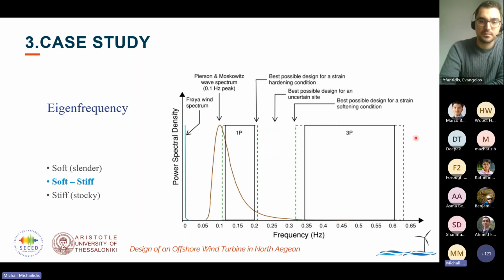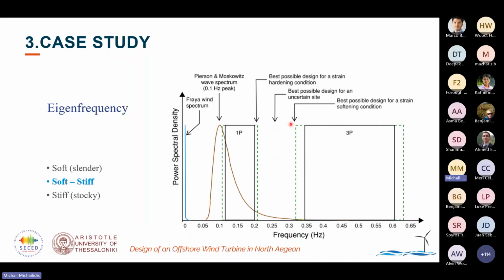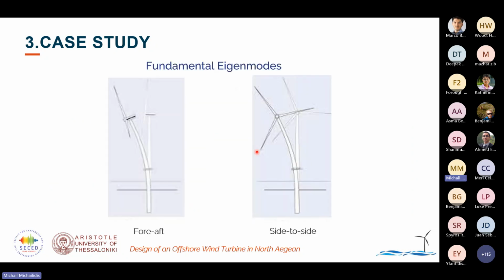In case we have a very stiff design after 3P, this will be a very stocky structure that will be too expensive. In case we have a very slender one in the first area before the 1P, this will be susceptible to serviceability issues, and vulnerable to fatigue as well. So this is why the optimal one is between 1P and 3P, in order to be suitable as well for an uncertain site.